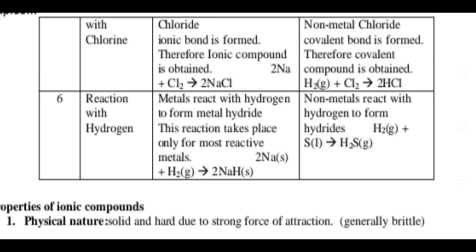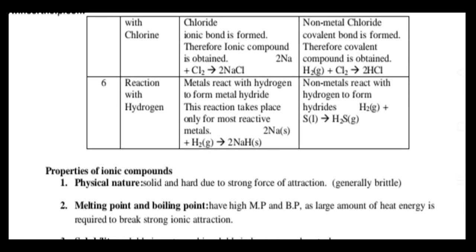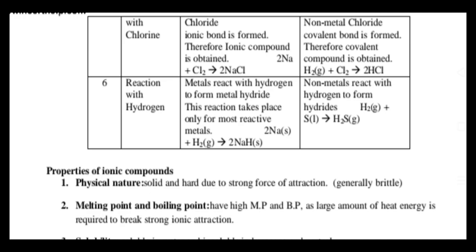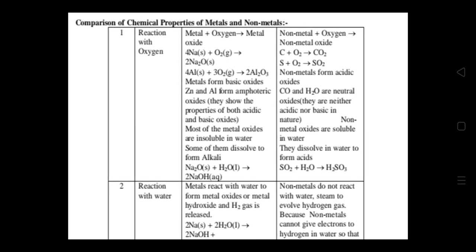You can keep all these chemical properties in mind by using this table, which is very helpful. You can also get the differences between metals and non-metals, the comparison of their chemical properties. This is all about the chemical properties.